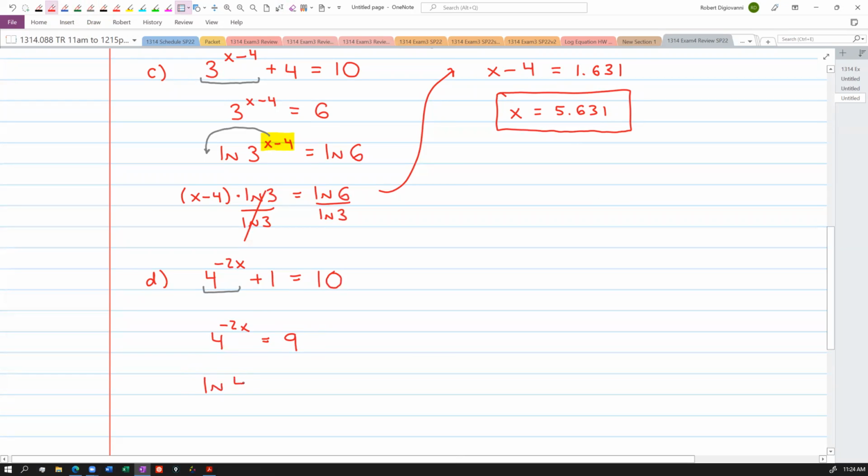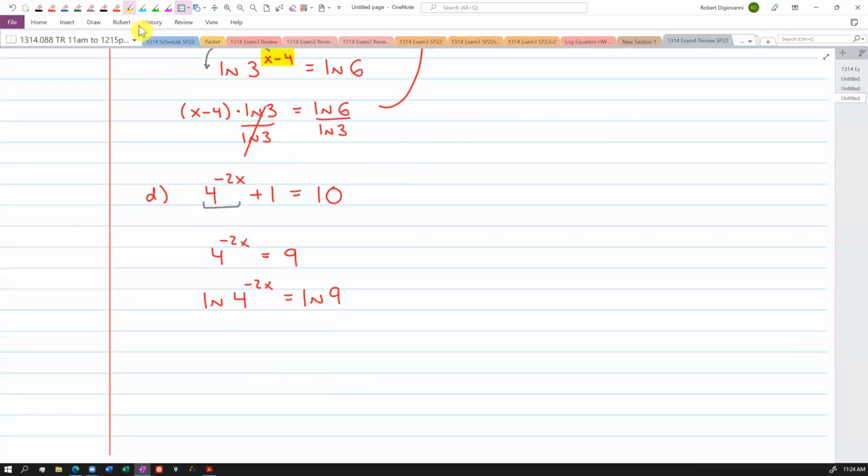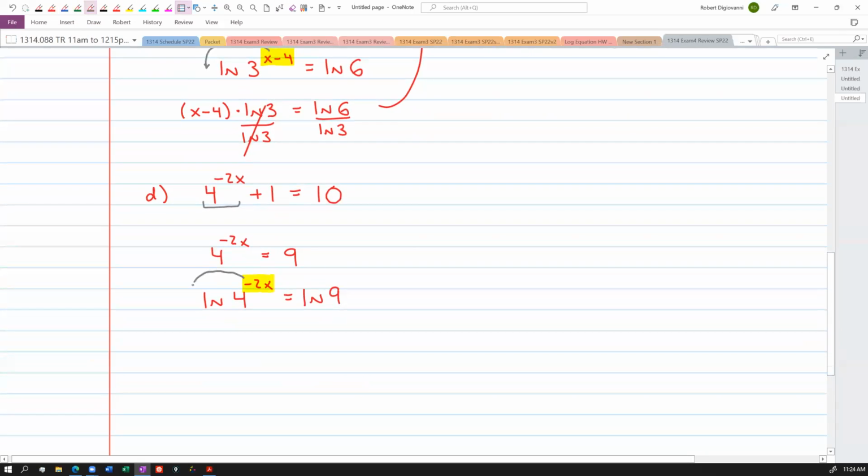Natural log of 4 raised to the negative 2x equals natural log 9. Now I can pull the entire exponent, negative 2x, out to the front. I don't necessarily need that in parentheses this time because it's just one term. Negative 2x is not two things added or subtracted. So I can just put negative 2x times natural log 4 equals natural log 9. And I'm just going to play the same game we've been playing. I'm going to divide both sides by natural log 4.